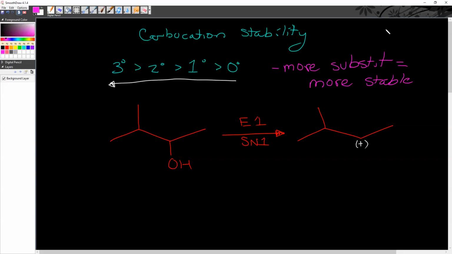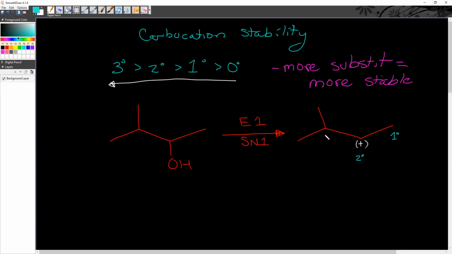Whenever you see a potential carbocation rearrangement, just look to the left, look to the right, and say, if it moved, would it rearrange? Right now we're at a secondary carbocation. If it moved to the right, it would be primary.